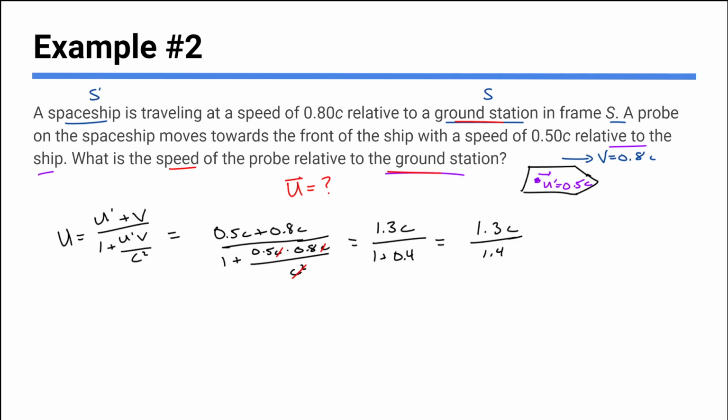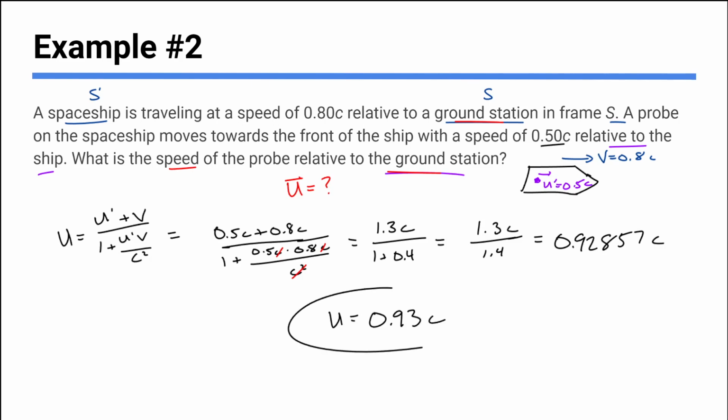If you get an answer like 1.1c, you did it backwards and you want to go back and check. So 1.3 over 1.4 gives about 0.92857. We'll round that to 2 sig figs, and so our probe is moving relative to the ground at 93% the speed of light.